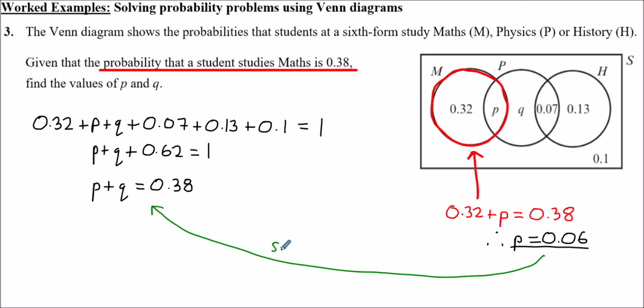So if we sub that P is 0.06, it becomes P plus 0.06 equals 0.38. Therefore, if we subtract 0.06 from both sides, we see that Q is, as well as this number here, Q is also 0.32.